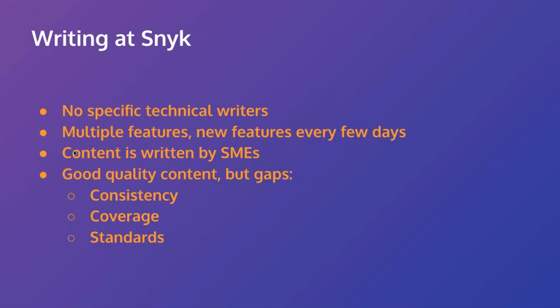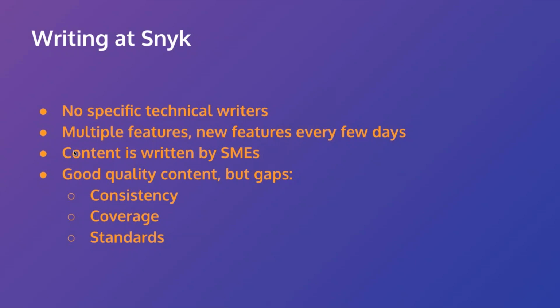So that's great. The guys are really good at writing content. They do it well. It's already devolved down, which is half of the battle. And you know, for what it is, it's fantastic. However, it means there are some gaps. So there's gaps in consistency. One thing might be written to cover one set of functionality, another thing to cover a similar set of functionality, but maybe doesn't cover the same areas.